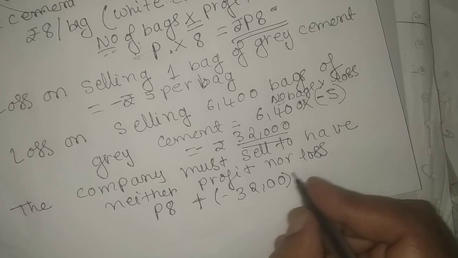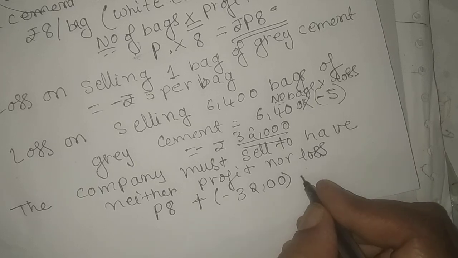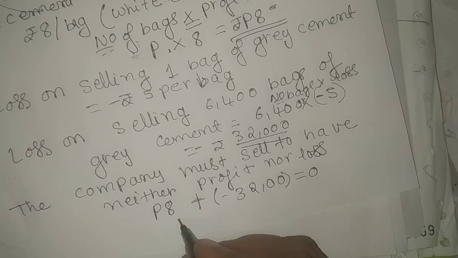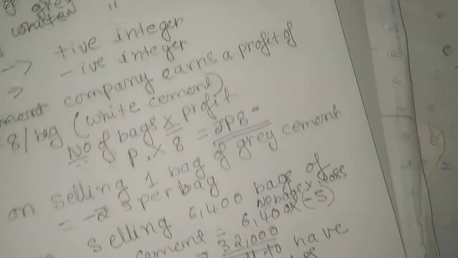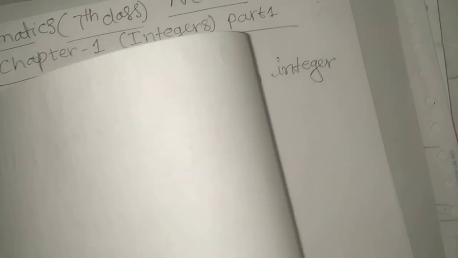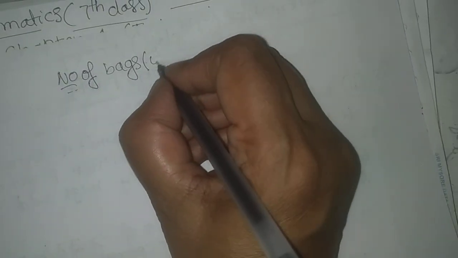Therefore, write in the form of an equation. We'll continue. I'll write here what we got. The number of bags, that is white cement, into profit.